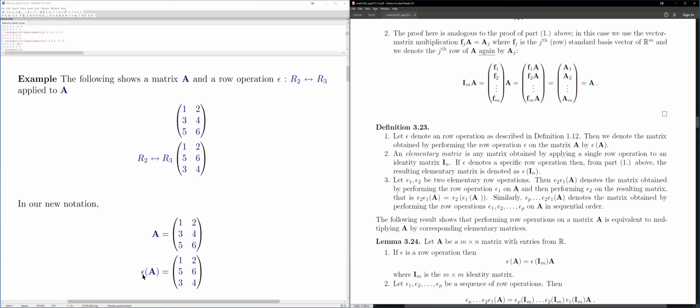So epsilon A just means I take A and apply this row operation, row 2 exchange with row 3.